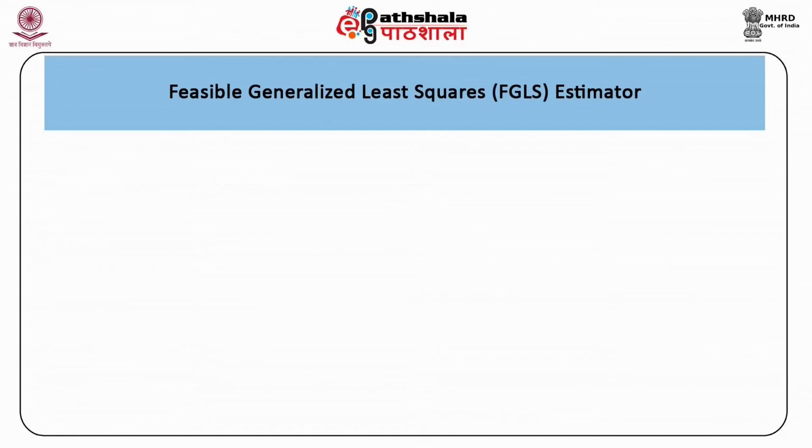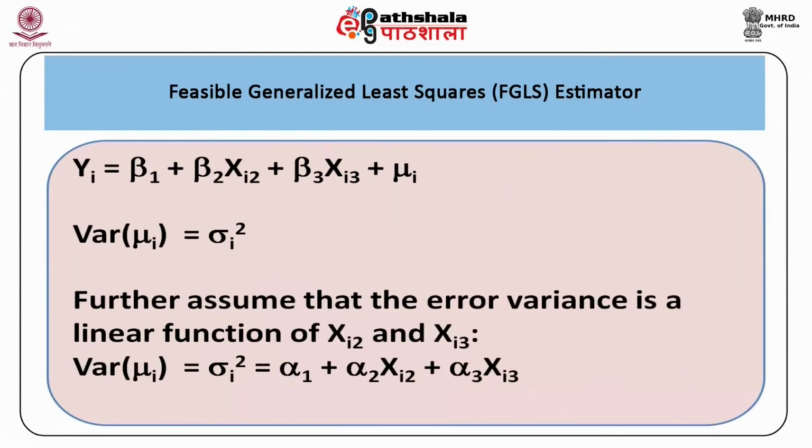First, run the original OLS regression and obtain the residuals. Second, square these residuals, u_i squared hat, and regress them on a constant, x_i2 and x_i3 by using OLS.